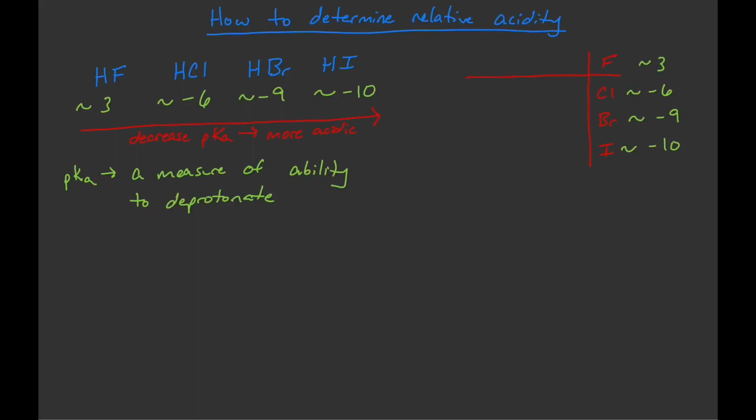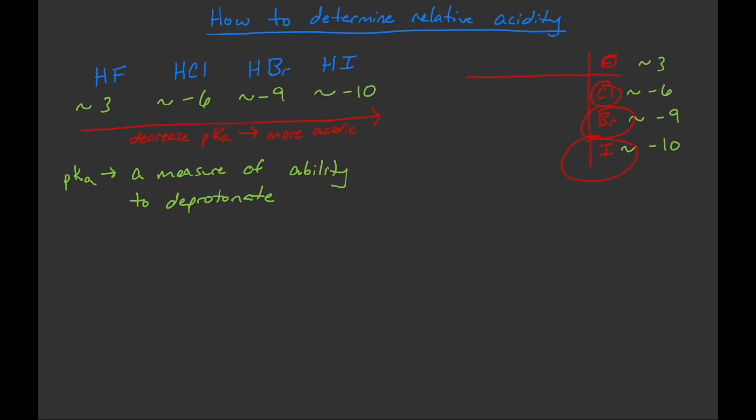This has to do with the size of our atom. Fluorine, we know, is small, and then chlorine gets a little bigger, bromine gets a little bigger, and then iodine is huge in the group. So when we're looking at the atom that the proton is attached to, one thing we want to look at is the relative size of that atom.